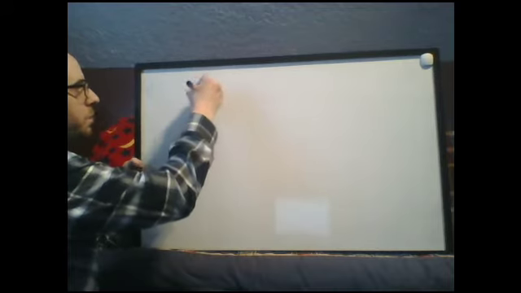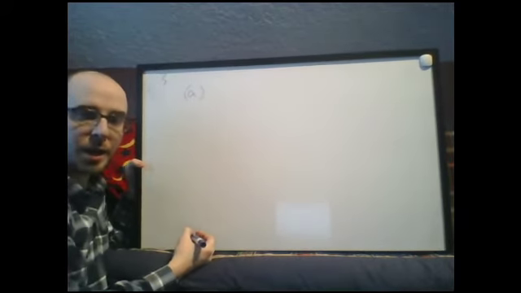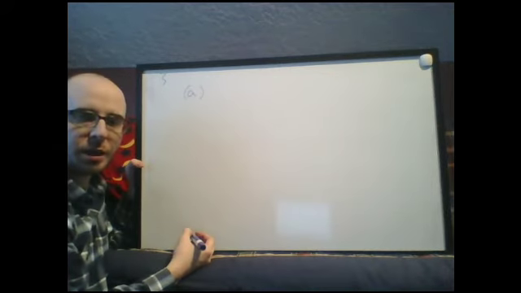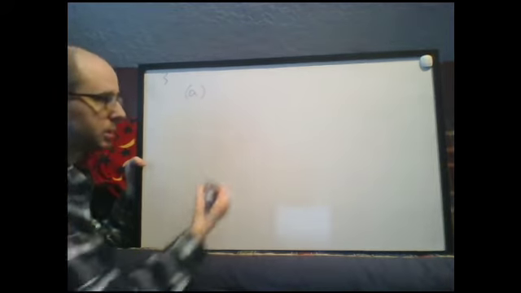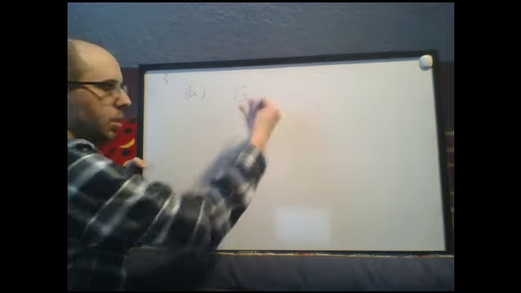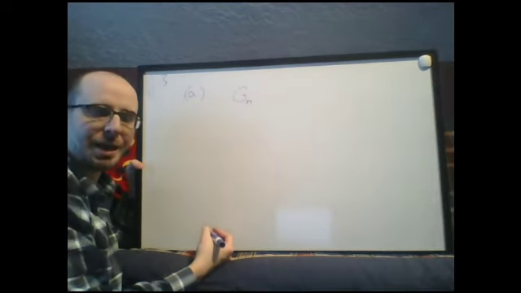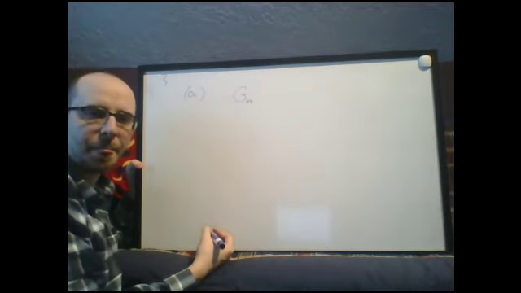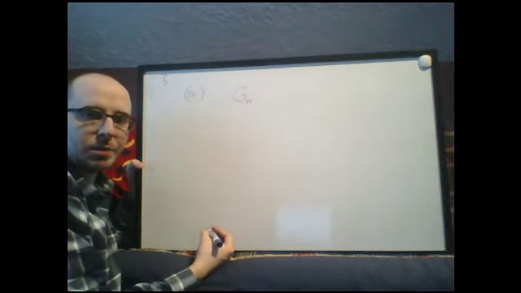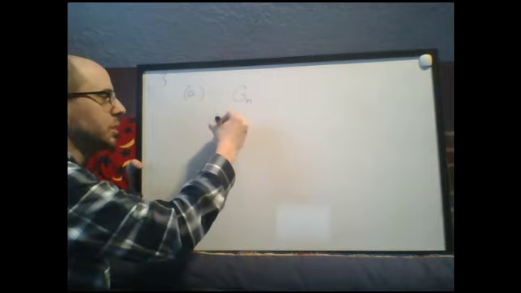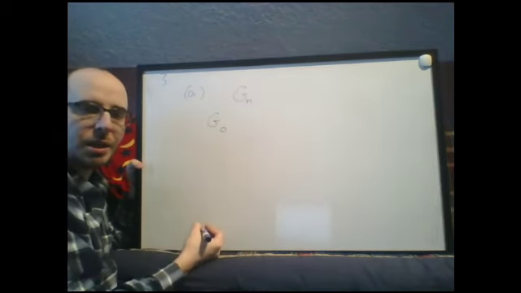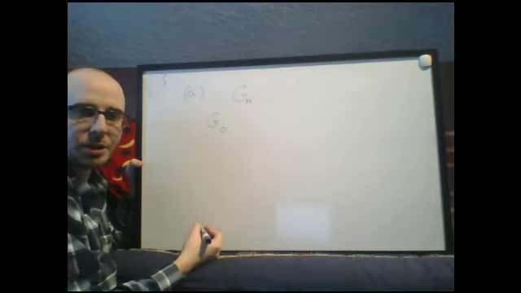So the first part A is to write a recurrence relation with initial conditions for G sub n, which is the number of gnomes on the island at the end of year n. All right, so easy part, our initial condition, G0, that's directly told to us at the beginning.